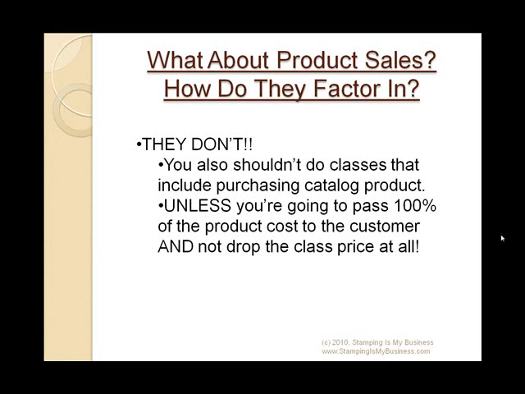In other words, if you're doing a $25 class, and by the way, $25 really is the minimum dollar amount you should be doing for any class, honestly. But if you're doing a $25 class normally, and then you decide to add a $15 product, well, now you have to charge $40 for that class.